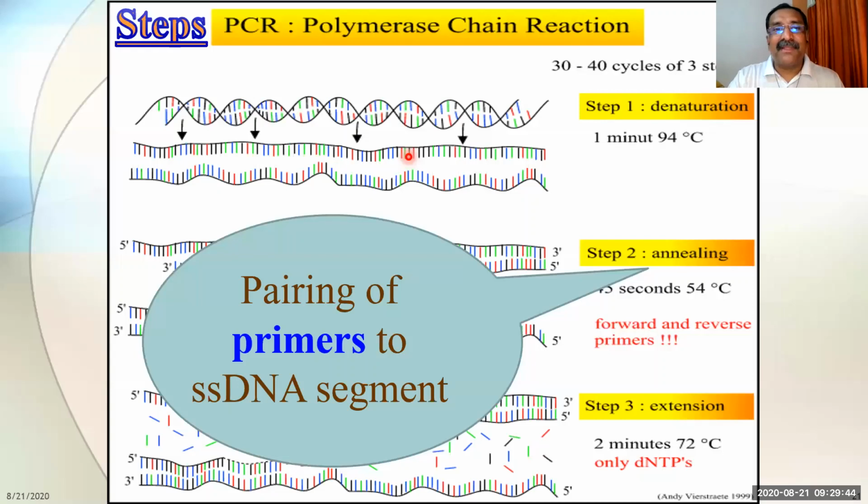I will go back. That is better. Okay. So anyway, I will tell you first. The second point is annealing. Annealing means, out of the 4 requirements, one is the primer, synthetic oligonucleotides.